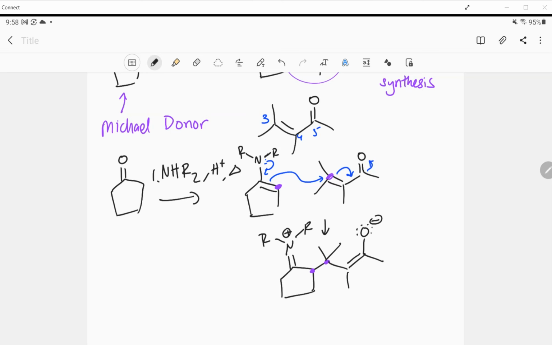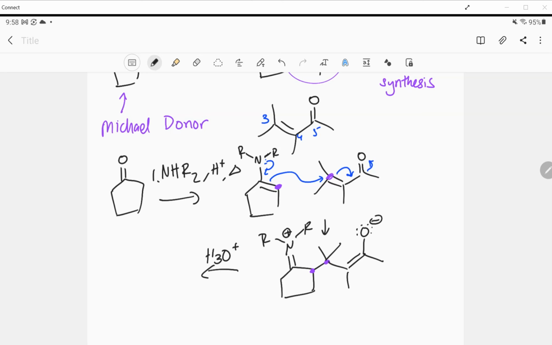So we now have our enolate, and again, if we were so inclined, we could put some other stuff on this, but we don't need to, so let's just go ahead and add our acid.